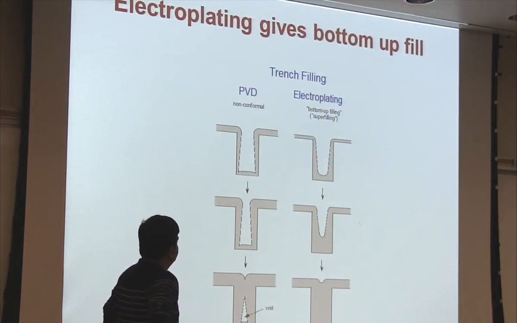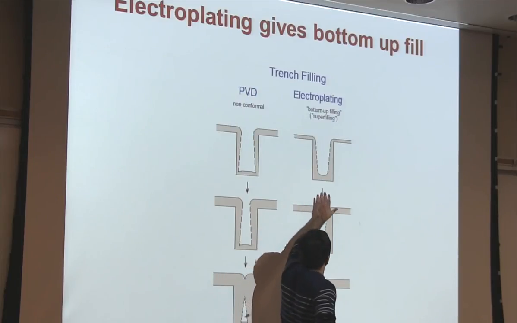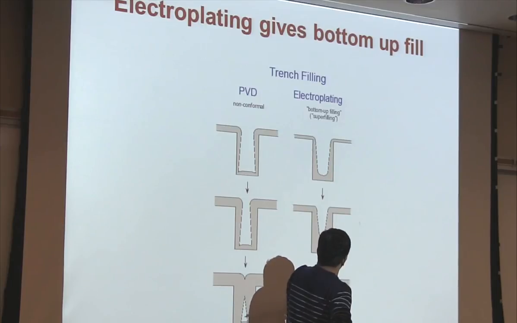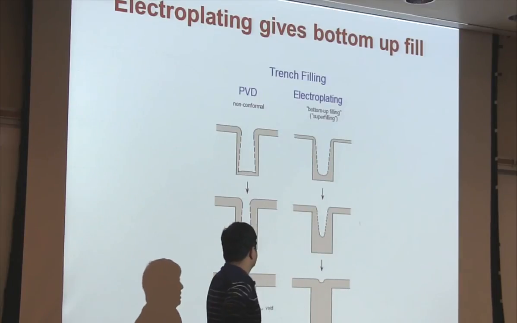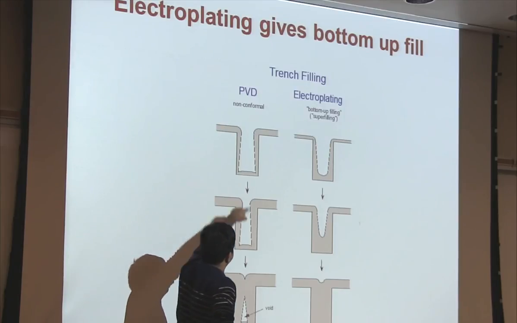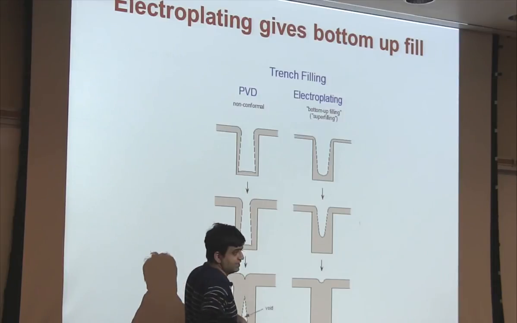So one of the advantages you get from doing electroplating is you get a bottoms up fill. So you have a liner, and since your ions are coming and depositing from below, you get a bottom up fill. As compared to a CVD or a PVD process where you're depositing things from the top and it's a line of sight process, you might get a void.